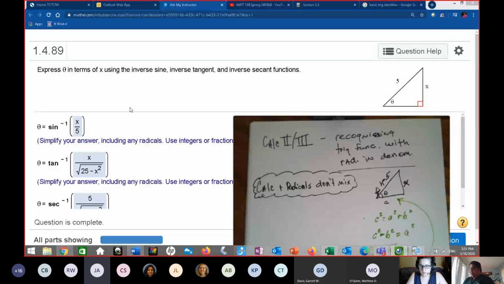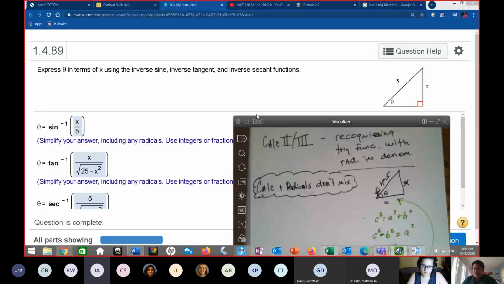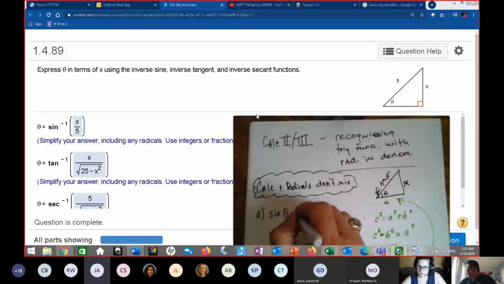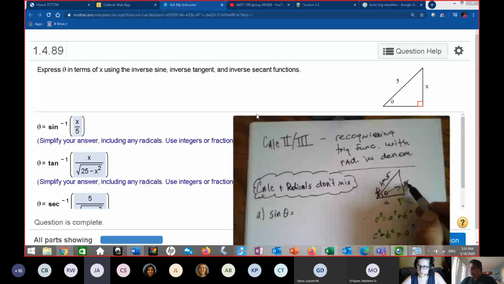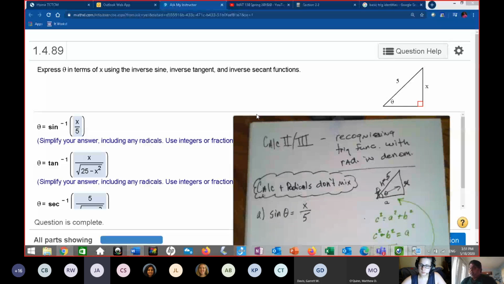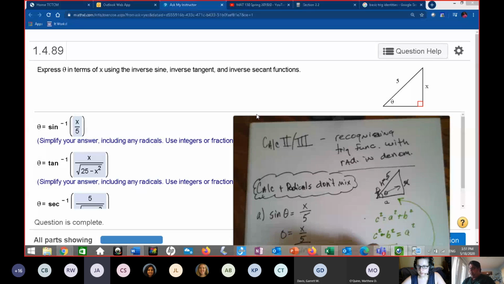So sine of theta is equal to opposite over hypotenuse, x over 5. Theta is equal to x over 5 divided by the sine. That's to the first power, so when you bring it up, theta is going to equal the inverse sine of x over 5.